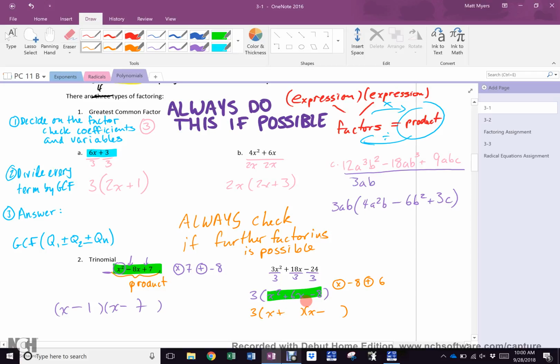What if I made this positive? Then could you do it? So now I'm not looking for negative 8, I'm looking for positive 8. Is that doable? What are the numbers that multiply to positive 8 and add to 6? Positive 4 and positive 2. Everybody with me? This looks factorable.